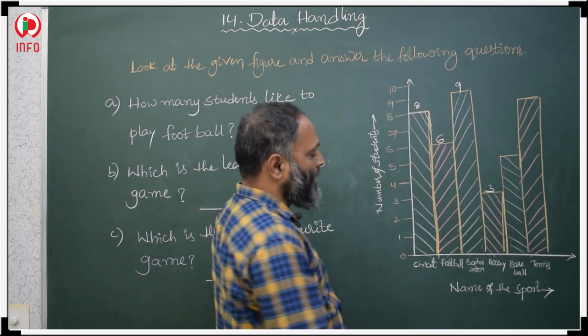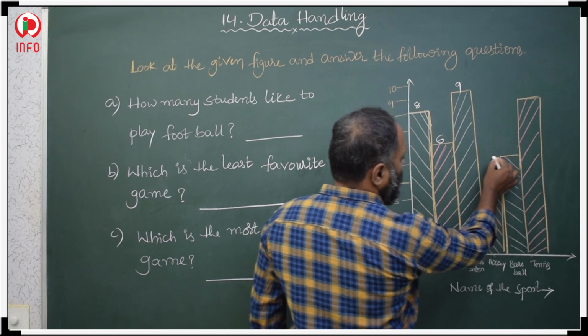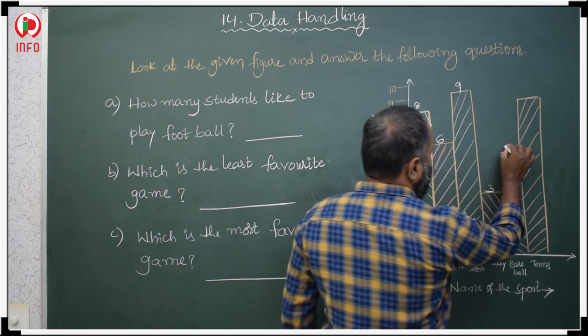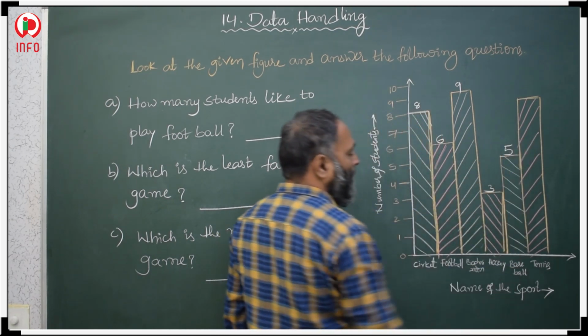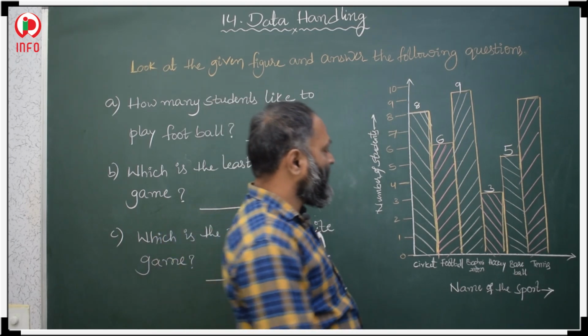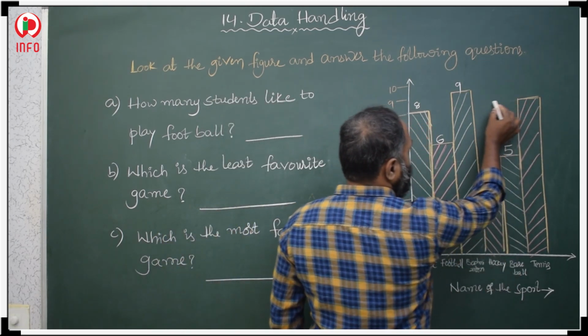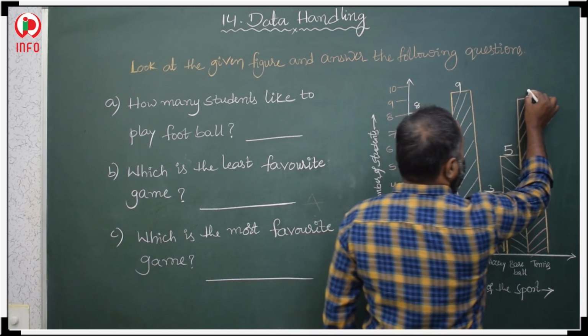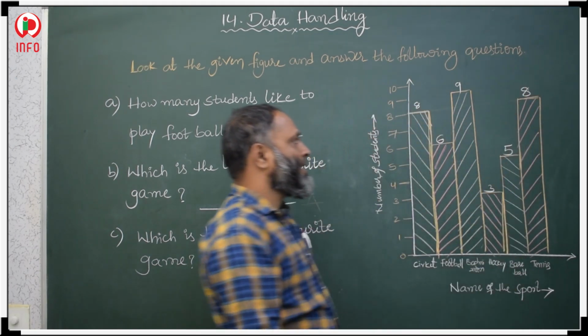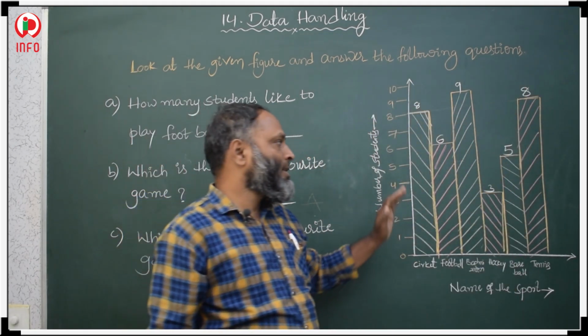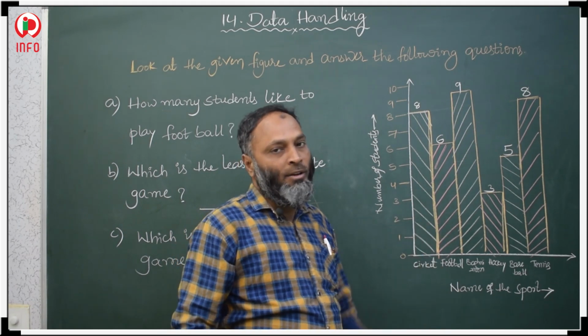How many like baseball? 5 students like baseball. How many students like tennis? 8 students like tennis. Okay, so this is our bar graph information.